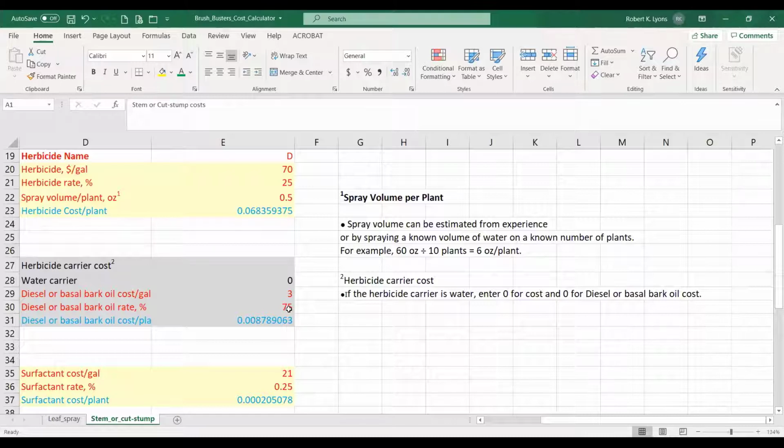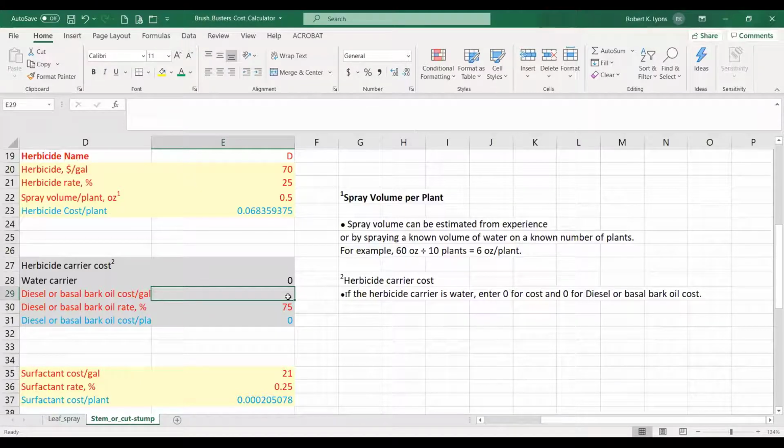So 25 plus 75, that's 100% in the gallon. So that's 0.008, almost 0.9 cents per plant for the carrier cost. So for example, if we are going to use water, we just would delete that diesel cost and it would calculate no carrier cost. We're estimating water to be free.